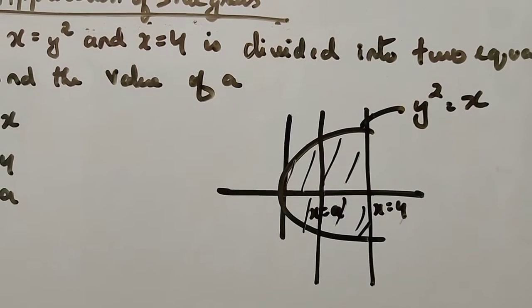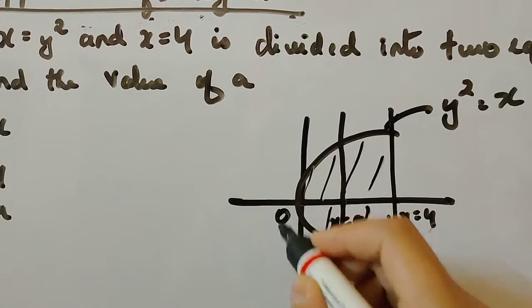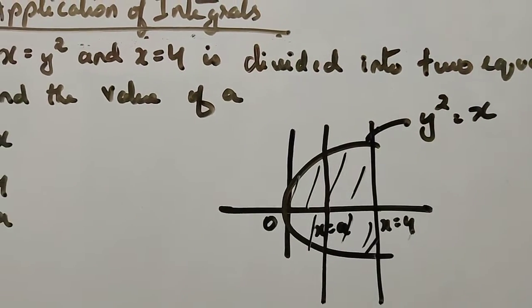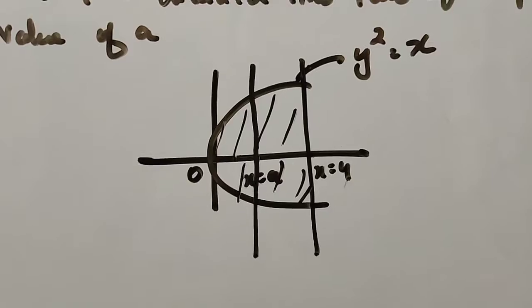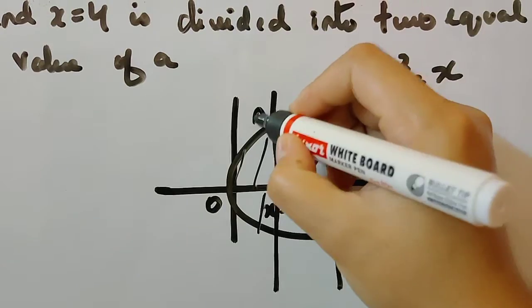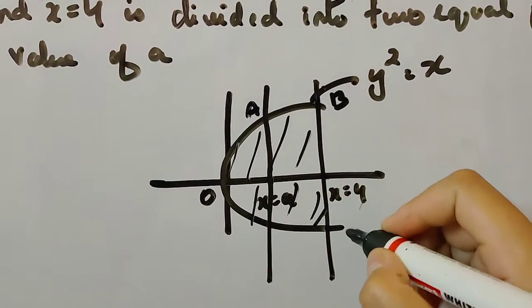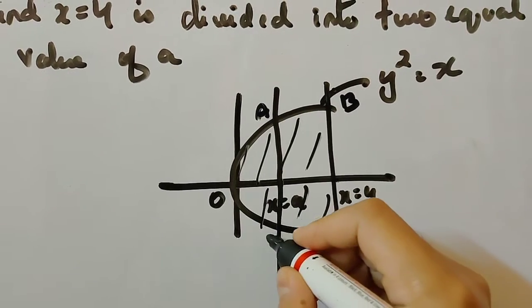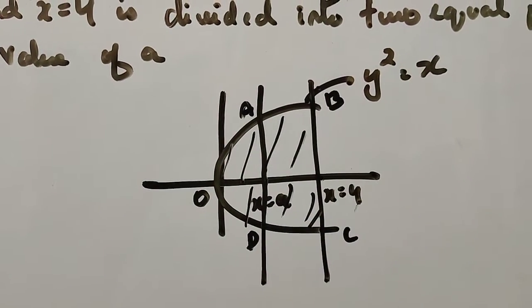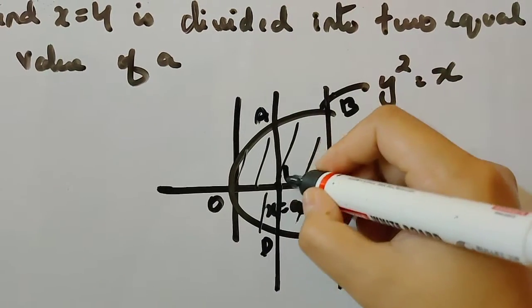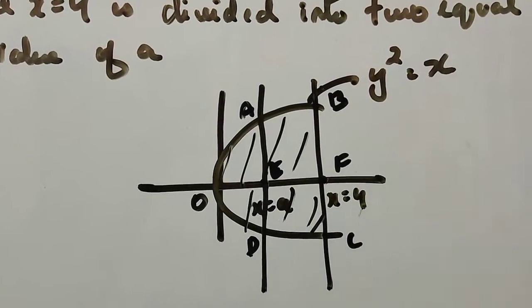Now say we will name this O, then see this is your, we will give the names A, B, C, D. Okay, see this is your E and F point.